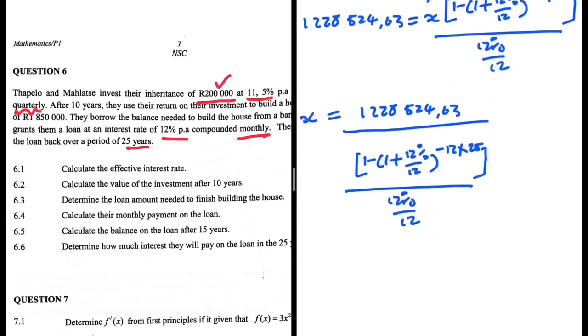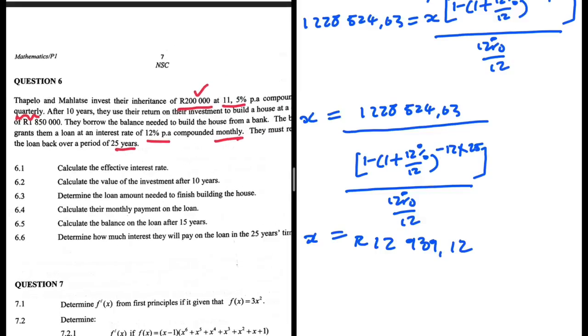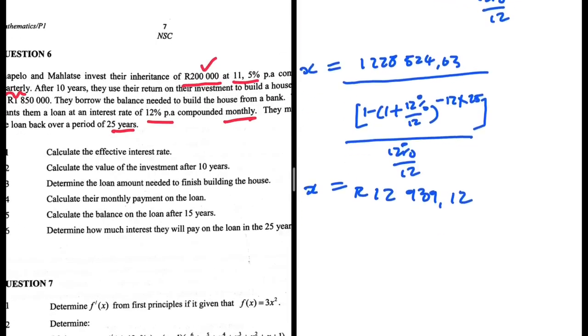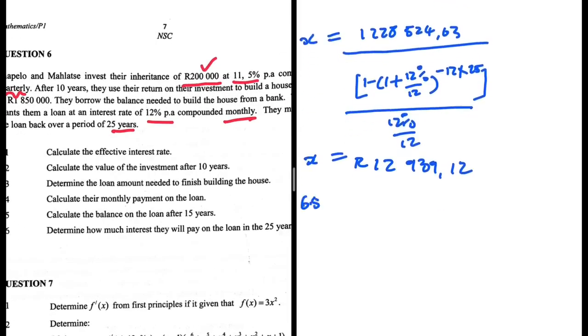There we go. I'm getting 12,939.12 cents. So there we go. That is the monthly payment on the loan. That was 6.4. Let's take a look at 6.5.